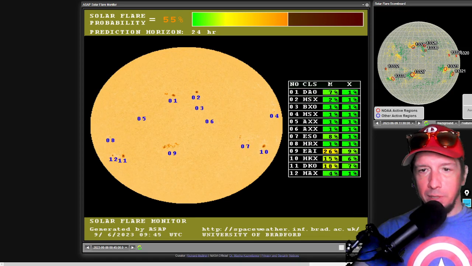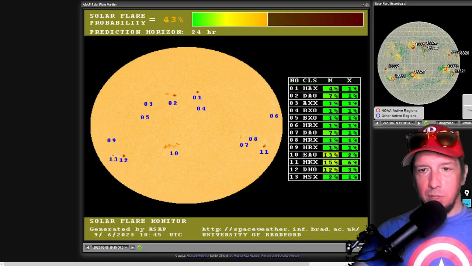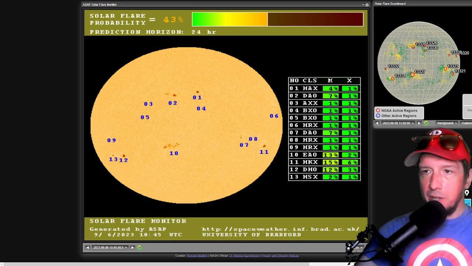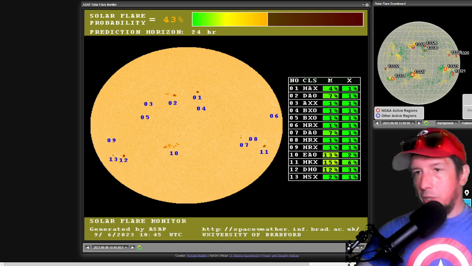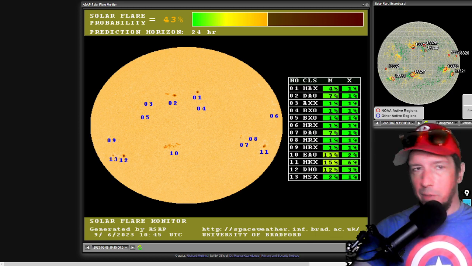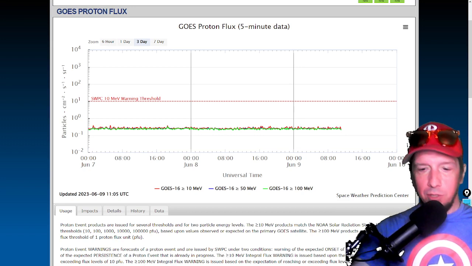And let me just bring up the latest here. Let's see. That's number 10. So it still is showing some significant likelihood of producing some large flares there. We'll look at the magnetic complexity. I believe that is still the most magnetically complex sunspot, but we'll show high-res imagery of that at the end of the video just to make sure.